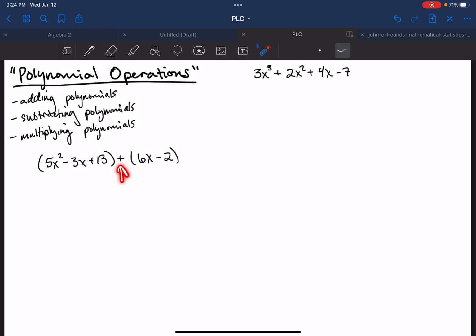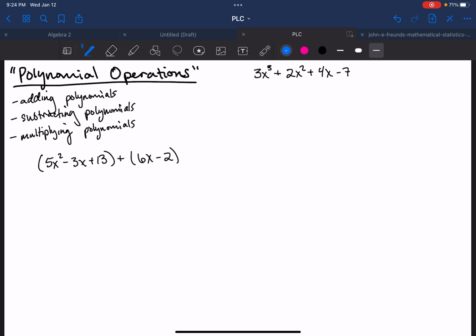As soon as you see addition or subtraction, that instantly cues you in that you should not have a box. This just means take things that have the same x to the same power and combine them. Do the operation between them.